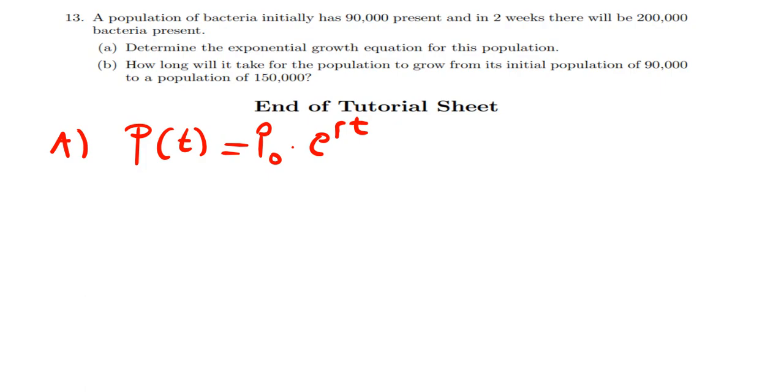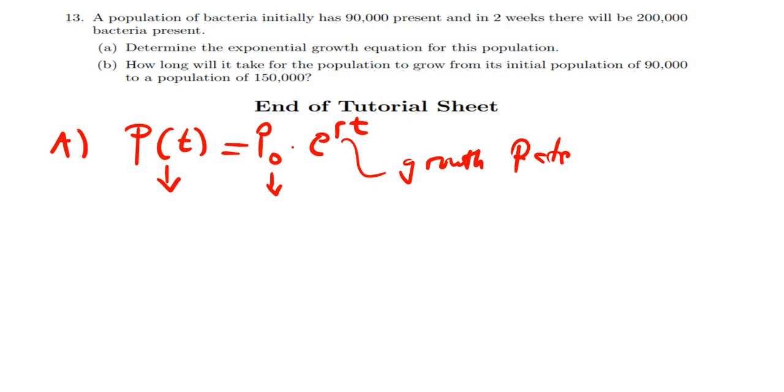You have to know this formula, for you can't solve this without it. P(t) is the population at a time t, P initial is the initial population, r is the growth rate, and t is the time. So this is our equation.